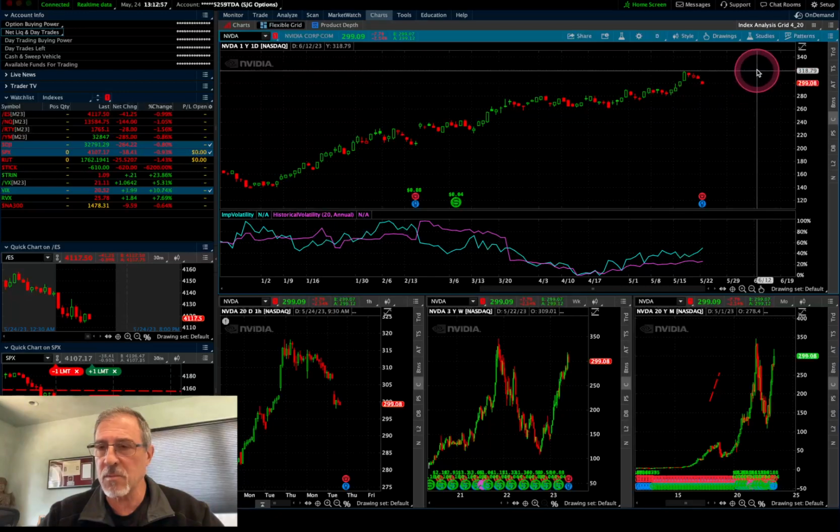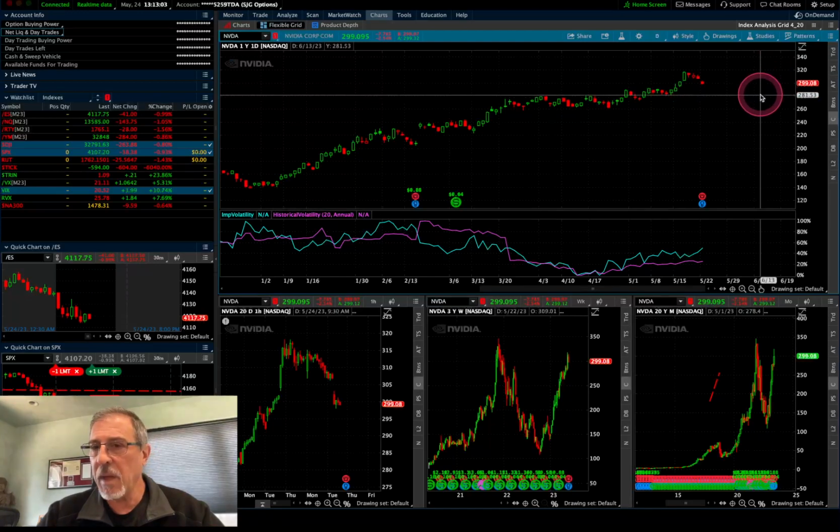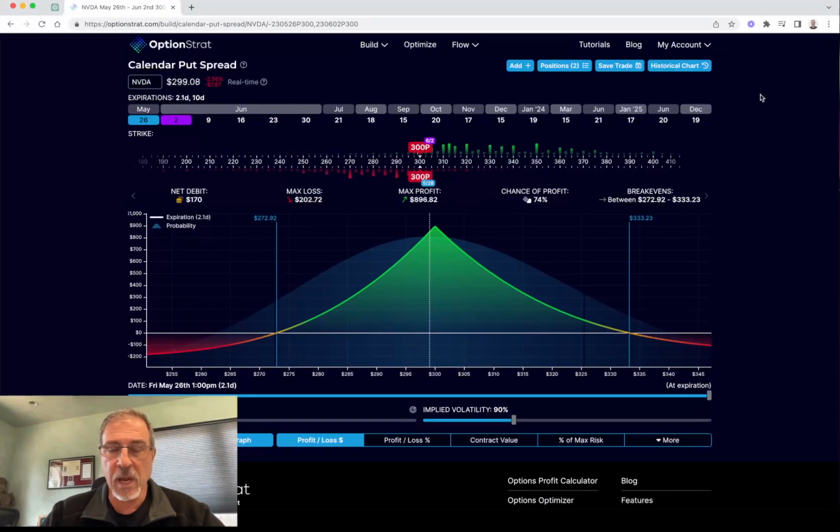I might expect this to pop up to 335, 340, maybe drop down to the 280 range. So I'm trying to cover a pretty wide range here with whatever my trade proposal is. So let's call it 280 to 340.